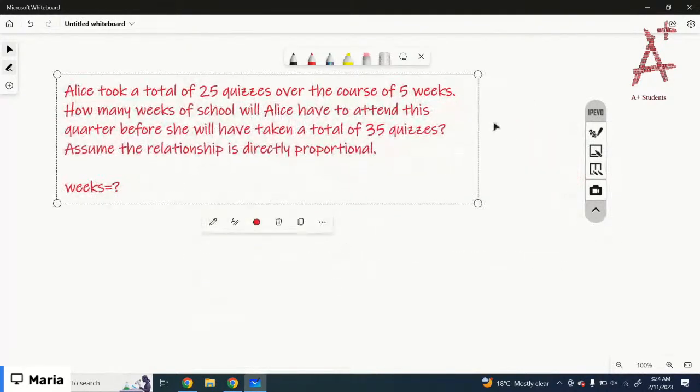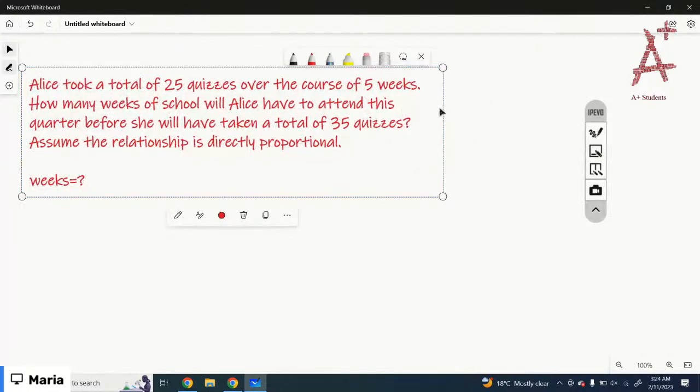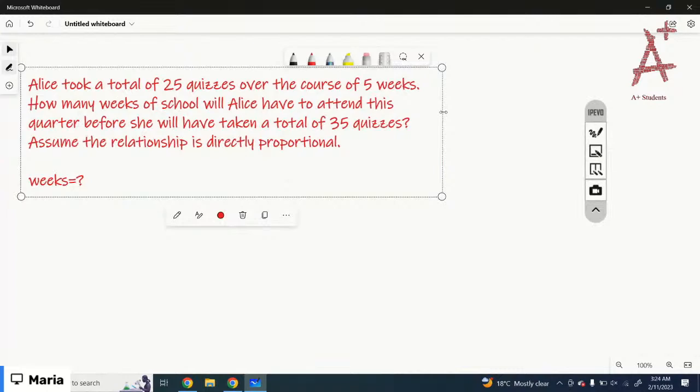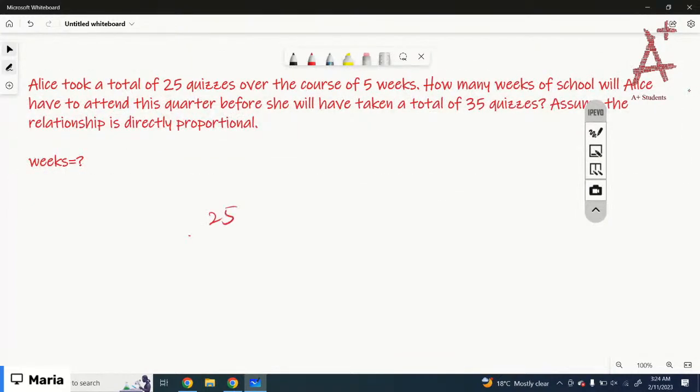Zach took a total of 25 cookies over the course of 5 weeks. So let's just form a proportion. So the proportion is 25 over 5.